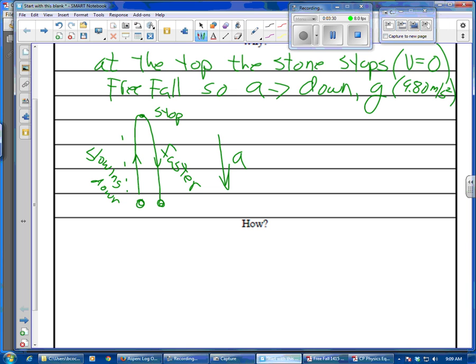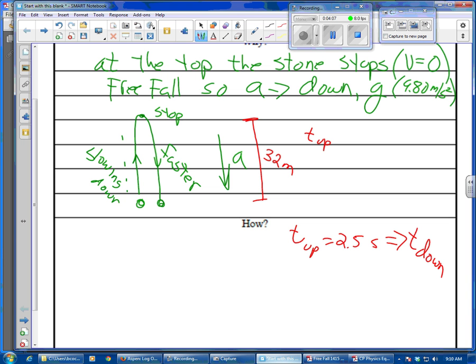So putting those other facts into my little diagram here, this is 32 meters, and I'm going to write down the time up equals 2.5 seconds. If it takes 2.5 seconds to get up there, how long is it going to take to get down? 2.5 seconds. So that's also the time down.